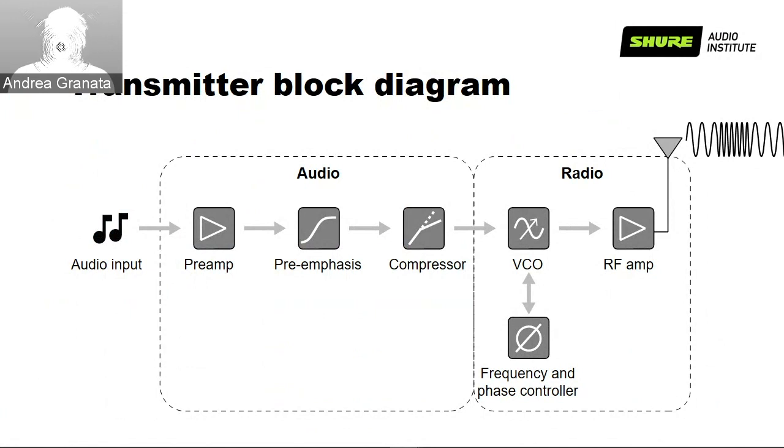After that, we have the radio part. Our signal is going through a VCO controlled in frequency and phase by an oscillator, and therefore goes to an RF amplifier that finally brings the signal to the antenna.